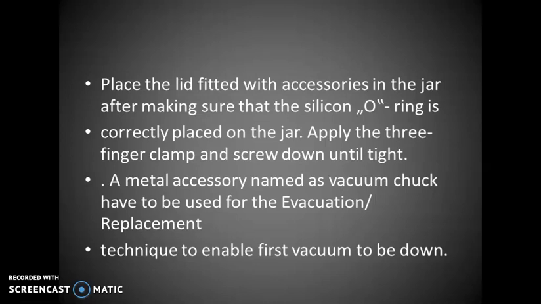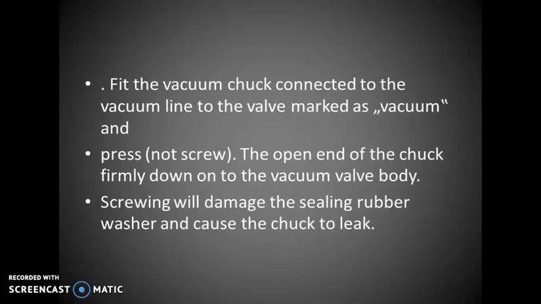A metal accessory named the vacuum chuck is used for evacuation, replacement, etc., and the technique enables a first vacuum to be drawn. Fit the vacuum chuck connected to the vacuum line to the valve marked as vacuum, and press the open end of the chuck firmly down on the vacuum valve.